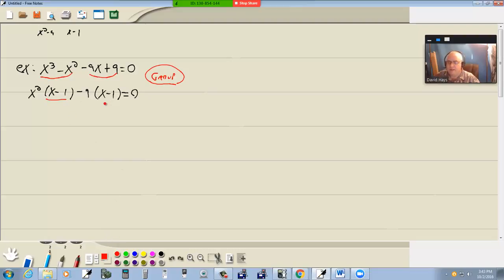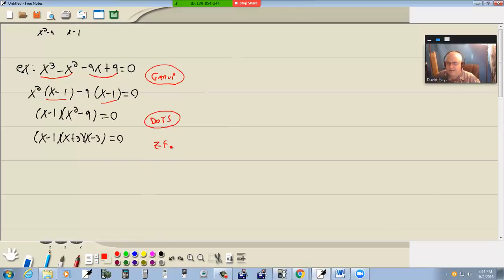Now our goal was to get these parentheses the same, which they are, so I can factor an x minus 1 out in front. And that leaves us x squared minus 9. Now x squared minus 9 is the difference of two squares, two terms with a minus between them. And it factors as x plus 3 times x minus 3.